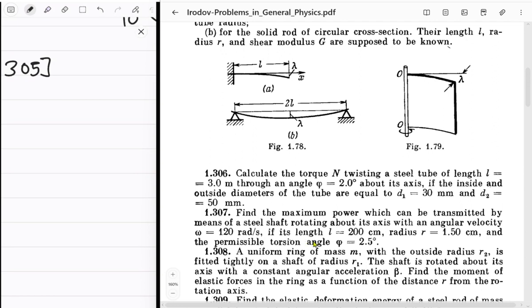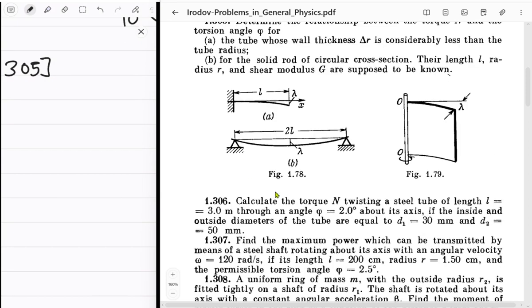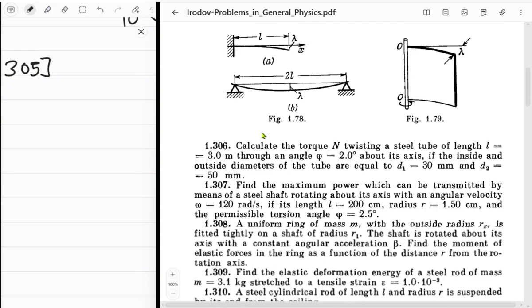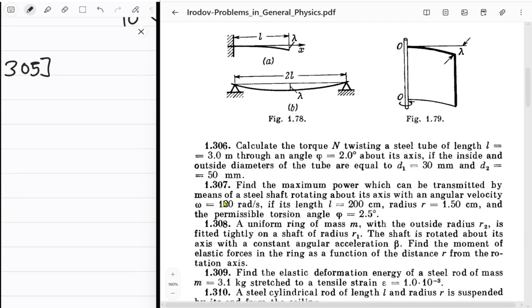Possible torsion angle is this thing. Oh, okay, so this next one is also about torsion. If I don't solve 305, I will never. And 306 is also about torsion. Oh god, so I really have to do 305. Only then will I be able to solve 306 and 307.